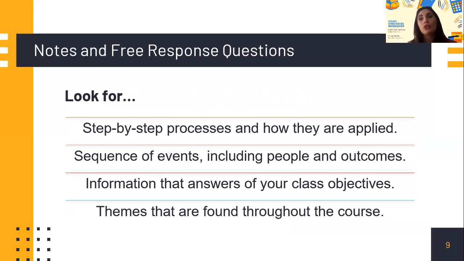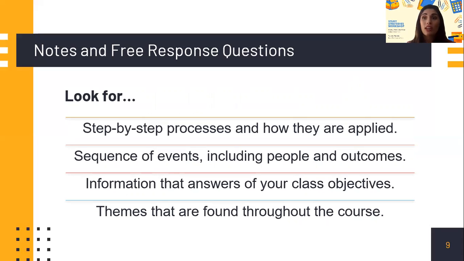And so when you're looking in your notes, what you really want to look for are broad or general overarching concepts, themes, or main ideas. You want to look for step-by-step processes and how these are applied. You can look for a sequence of events, including people involved in those events and what the outcomes were.